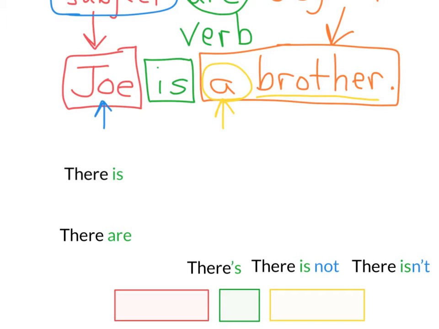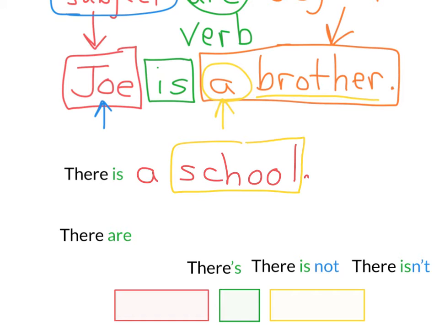I could say, there is a school. In this sentence, school is the subject of the sentence. It's just one, so I use is. I also put a in front of school because it is just one.